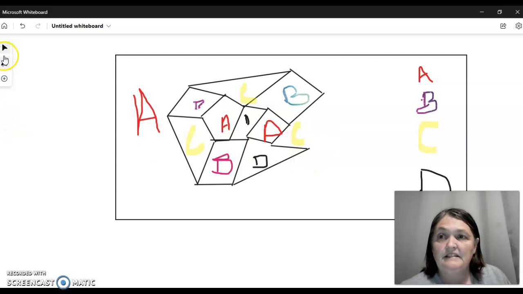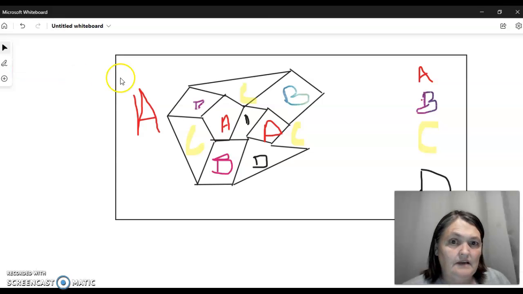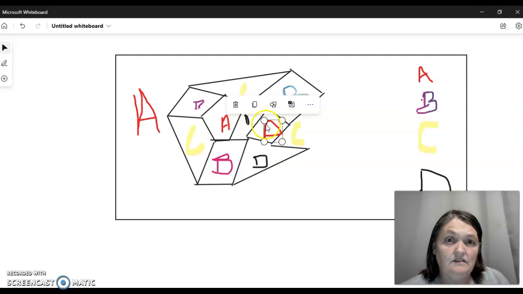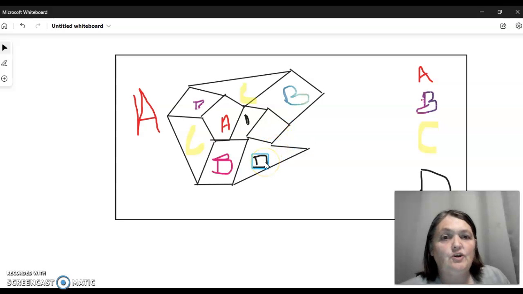So that means that we have to recolor. Okay, so this is A, but now this is being touched by A. So we're going to get rid of that A. So this can't be A anymore.